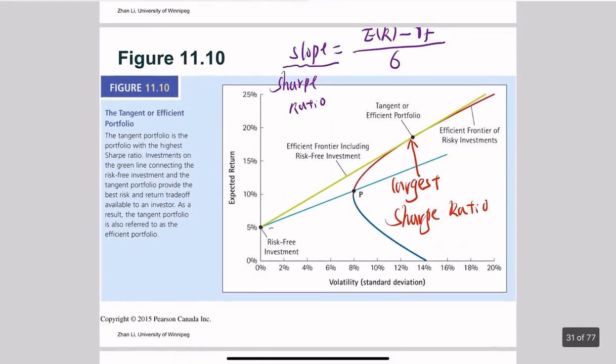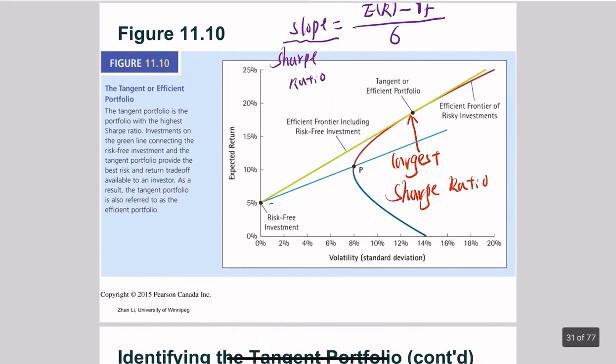Let's see what kind of investment result we can get from this efficient portfolio. So basically, what you can see here is we could actually get several results. The first result is with risk-free investment, this red curve is not efficient anymore, right?